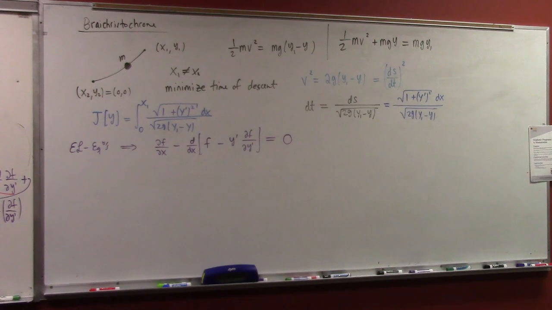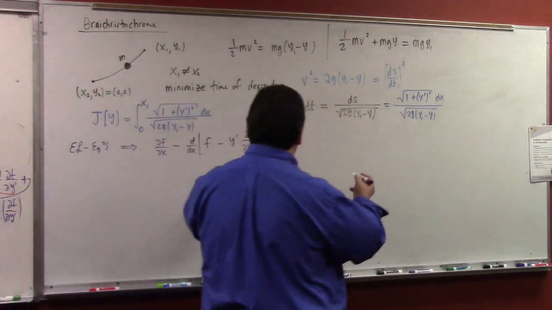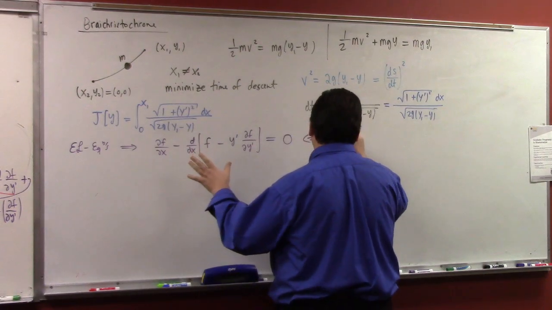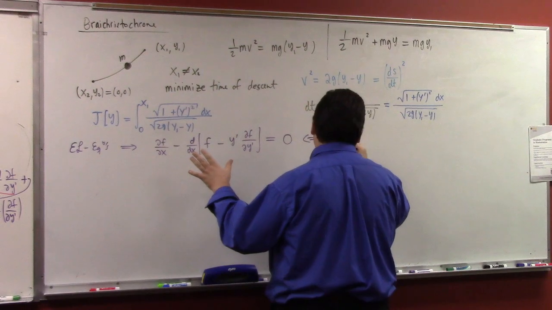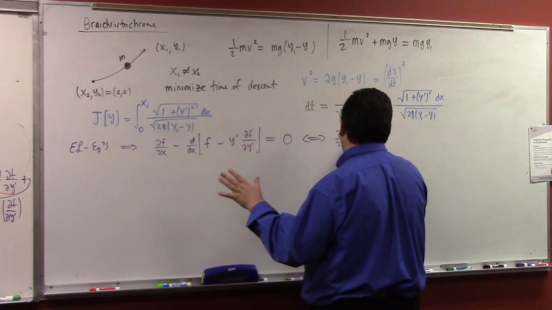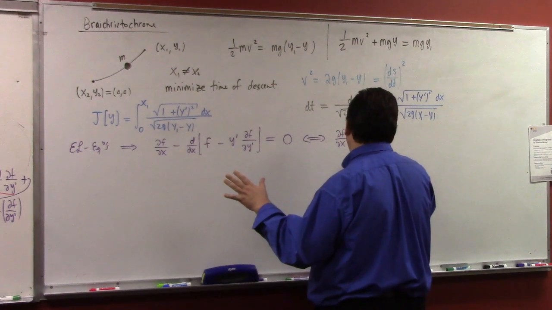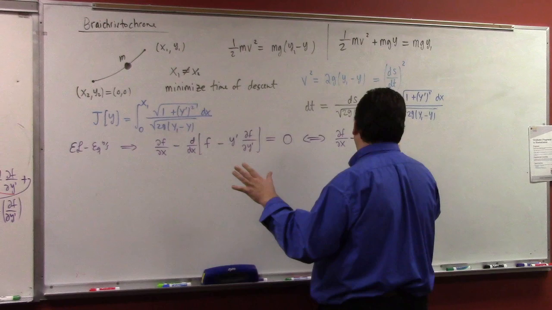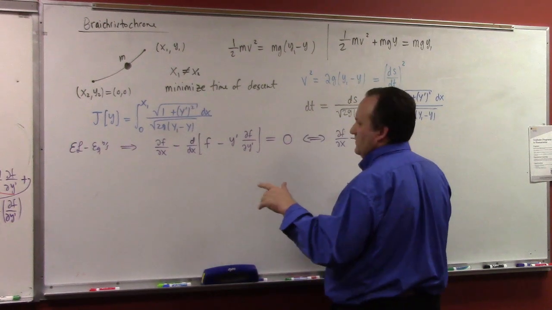Now it's probably a good exercise to convince yourself why that's equivalent to the Euler-Lagrange equations. So this is allegedly interchangeable with the Euler-Lagrange equations, which in this context look like, wait a minute, that's not the Euler-Lagrange equation.